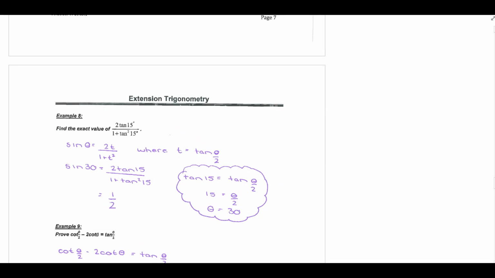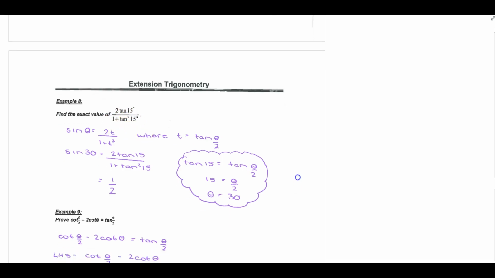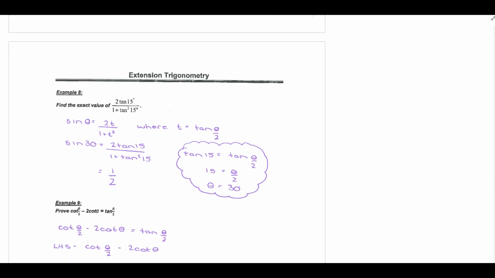Find the exact value for 2 tan 15 on 1 plus tan squared 15. I recognise the rule as being 2t on 1 plus t squared, which is sine.